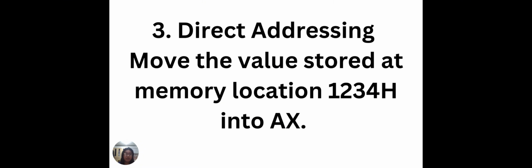Next, number 3 is a direct addressing. The instruction is move the value stored at memory location 1234H into AX. So 1234H is the effective address, and the value at this memory location is read and stored in the AX register. So the answer would be mov AX, [1234H].